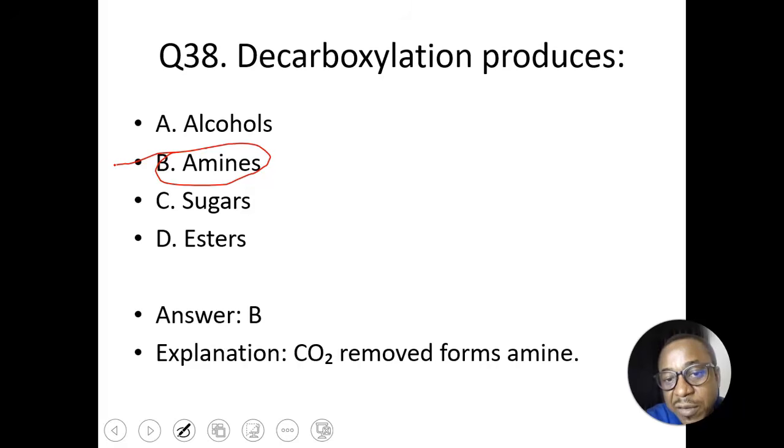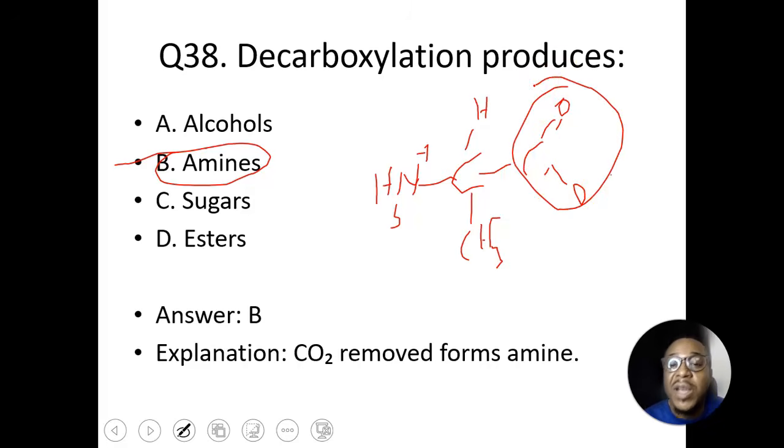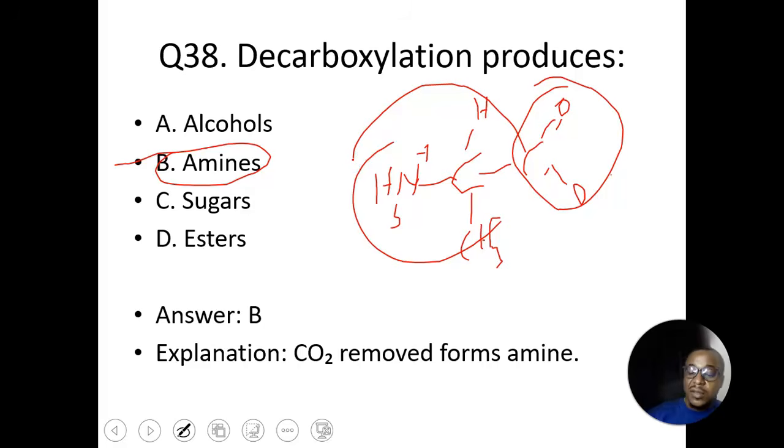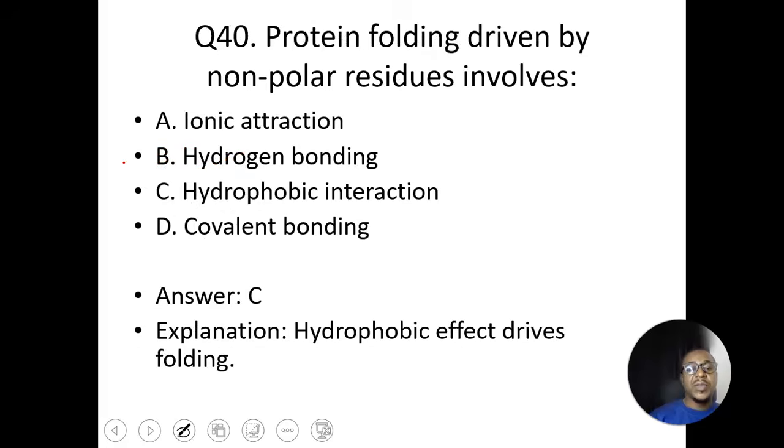If we have the amino group, O minus, NH3 plus, hydrogen, and let's say CH3, for example, and we decarboxylate, removing the carboxyl group, what is left is an amine. Glycine participates in the synthesis of heme. Heme is what is found in hemoglobin.